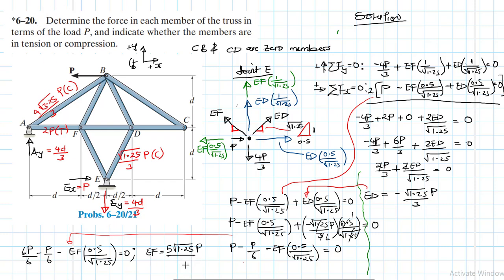Okay, so this is the final solution for EF. So EF is 5 root of 1.25 divided by 3p, and is in tension.